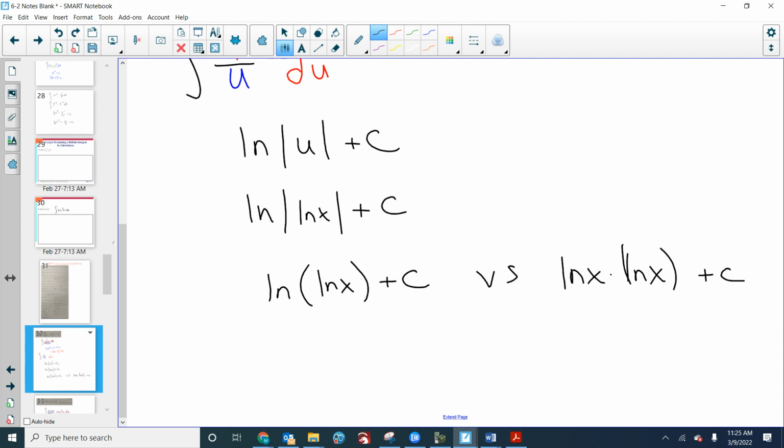Yes? We're missing an x on purpose. It's ln of. Do you hear how I read it earlier? ln of ln x. It's composite. It's the chain rule. That would be the product.